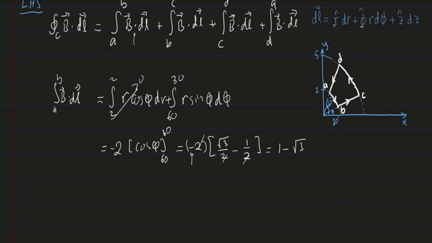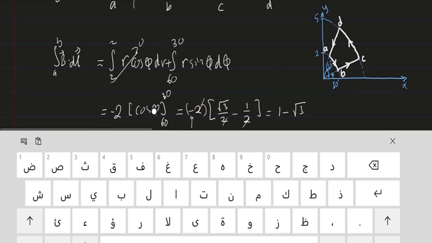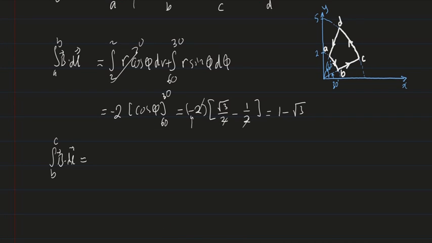Now for the segment B to C, B dot dl. In this case, the dot product is going to be exactly the same, but the limits of the integration are different. For the d phi term, the angle is constant, from 30 to 30, so r sine phi d phi is equal to 0.